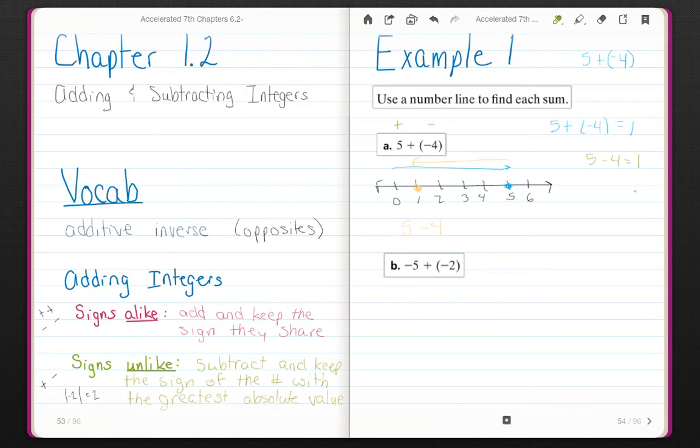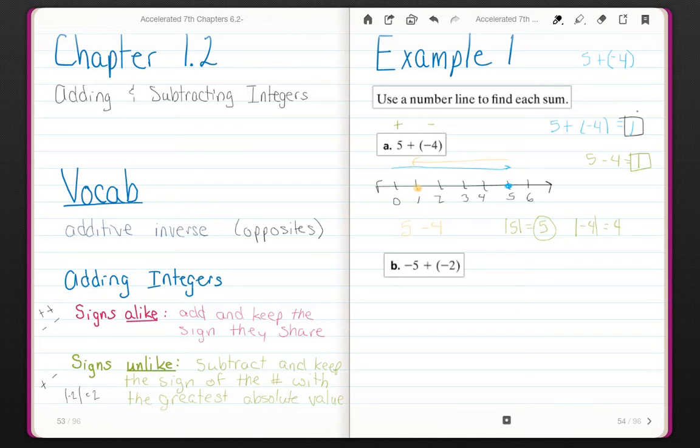And I would keep the sign of the number with the greater absolute value. Well, the absolute value of 5 is 5. The absolute value of -4 is only 4. Well, 5 has the greater absolute value, so I would keep the positive sign. So your final answer is 1.